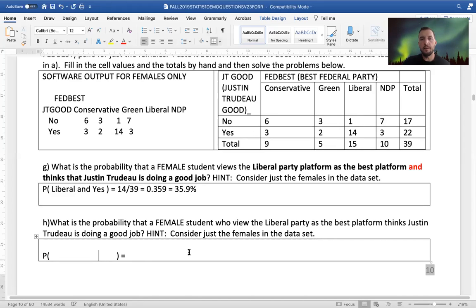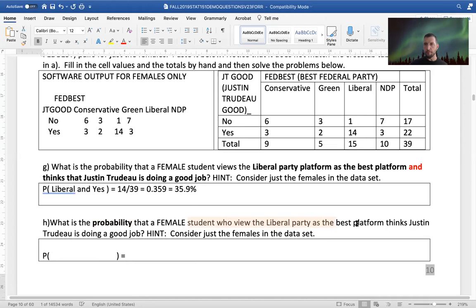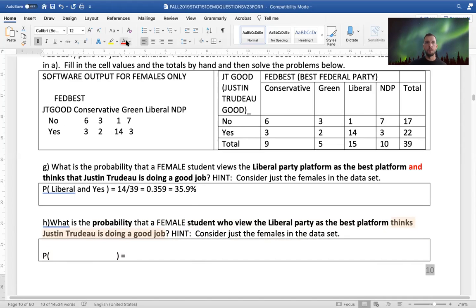What is the probability that a female student who views the Liberal Party as the best thinks Justin Trudeau is doing a good job? Okay, so this is a conditional problem again. So we have probability, student who views the Liberal Party as best, right? So this is saying we're only focused on the people that are in the Liberal section of our table. And then we have thinks Trudeau is doing a good job. So this is going to be probability yes, conditional on liberal.